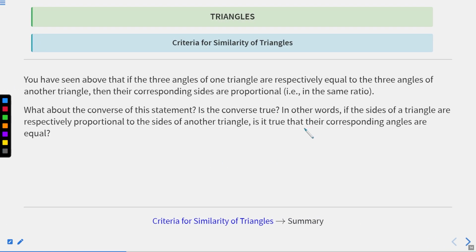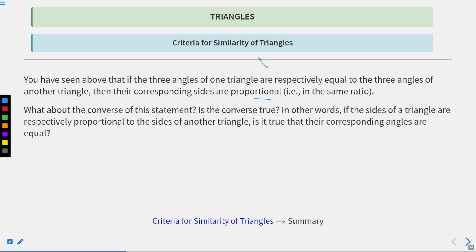Now you have seen above that if the three angles of one triangle are respectively equal to the three angles of another triangle, then their corresponding sides are proportional, that is, in the same ratio. So this is a very important criterion for proving two triangles are similar.